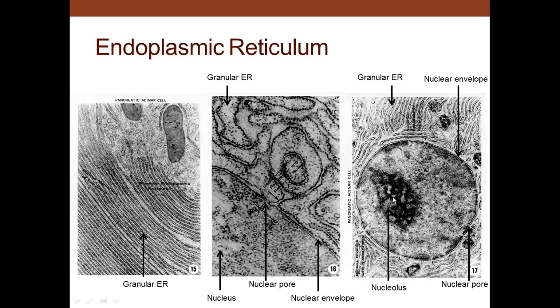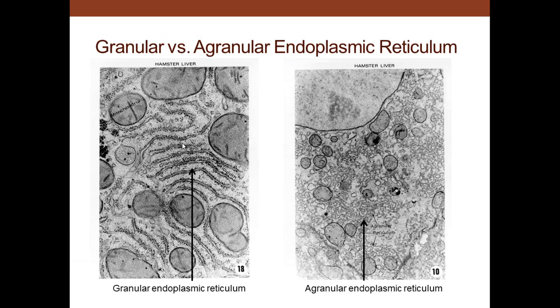Nucleus, nucleolus, nuclear pores, mitochondria that we see there. Here's more granular or rough endoplasmic reticulum that we see there. There's also some free ribosomes there. There's glycogen storage here, as you see there too.